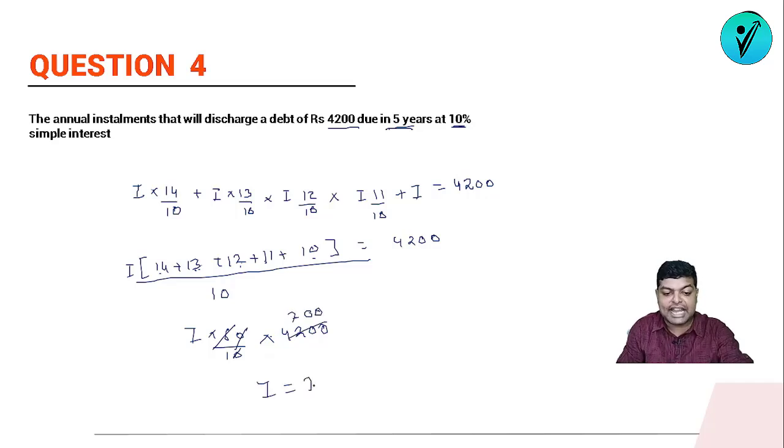So the installment that you have to pay every year to square off your loan of 4200 due in 5 years is 700 rupees.